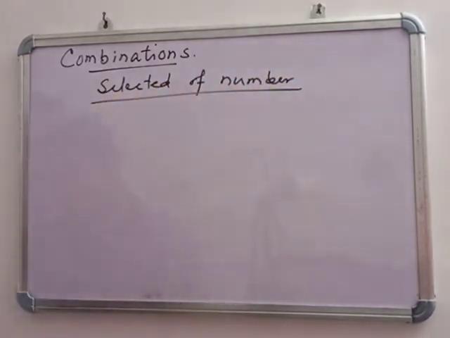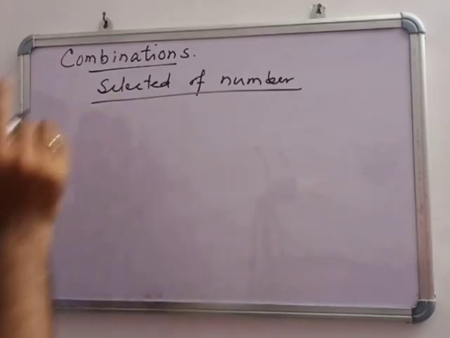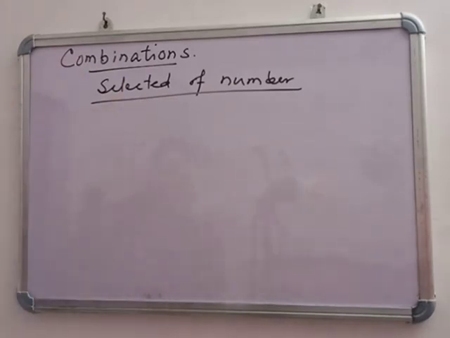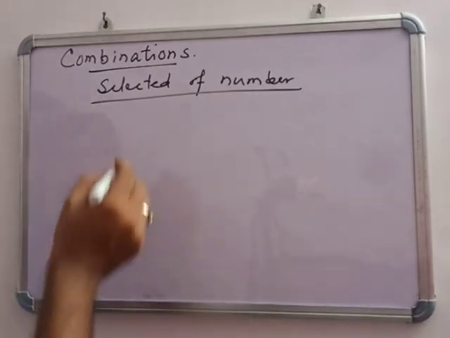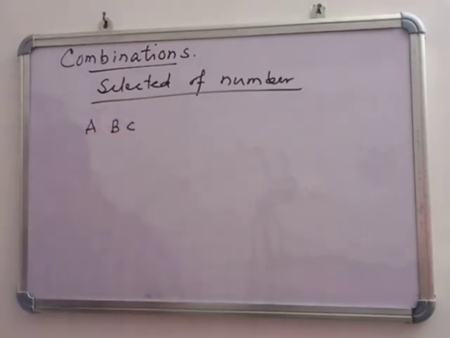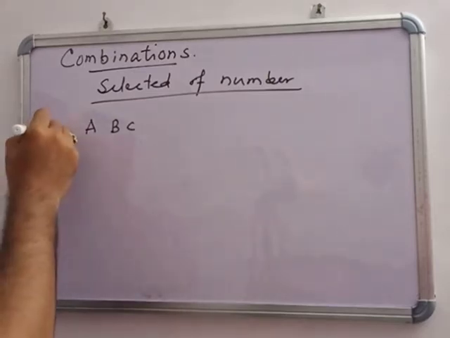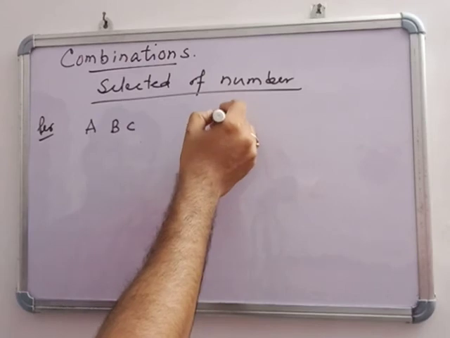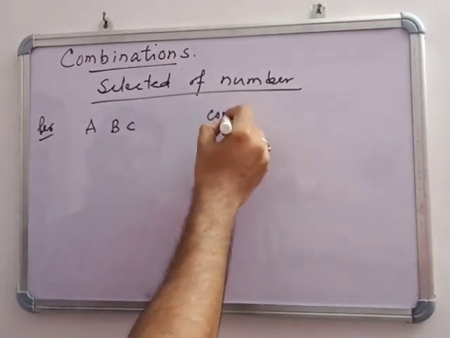For example, the order is not important for combinations. It can be first or last; that doesn't matter. Suppose in your hand A, B, C, 3 alphabets are there. If you choose this into permutations, what is the value? Then combinations, what is the value?